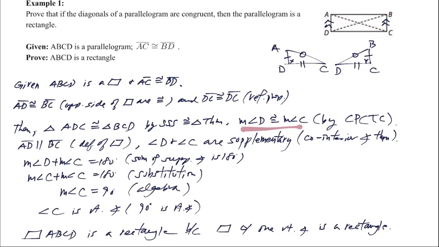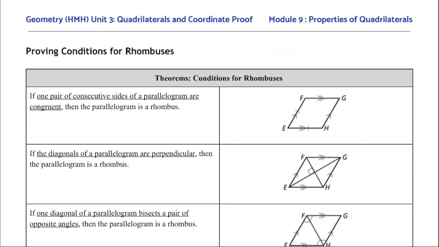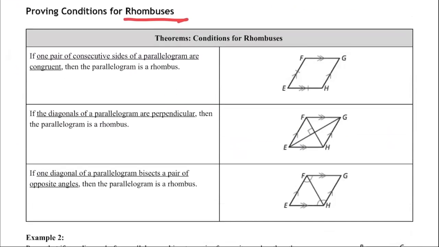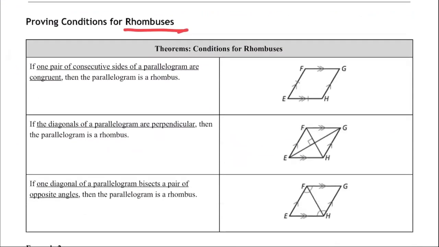Okay. All right, guys. Moving on. So here are the conditions for showing that a quadrilateral is a rhombus. The first thing is if one pair of consecutive sides of a parallelogram are congruent, then it must be a rhombus.